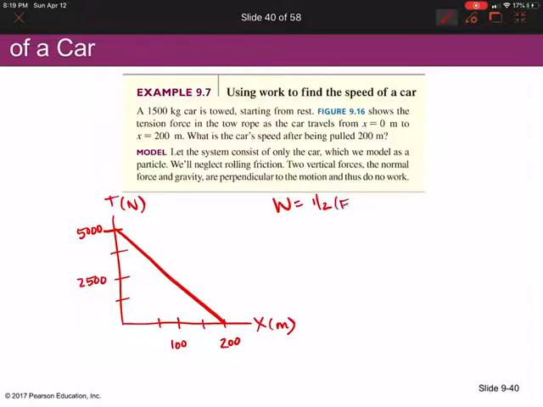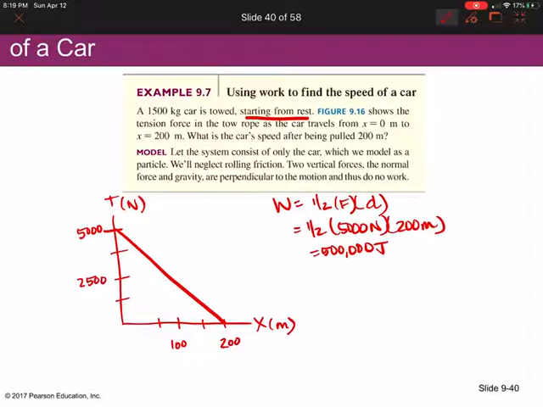So 1/2 the force times the distance. So 1/2 times this 5,000 newtons times 200 meters is going to give you 500,000 joules.